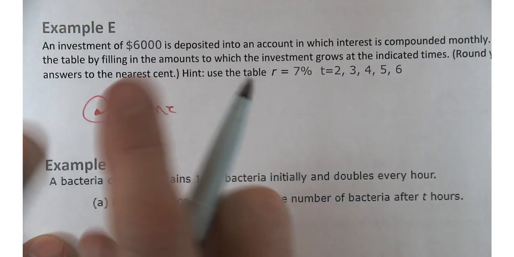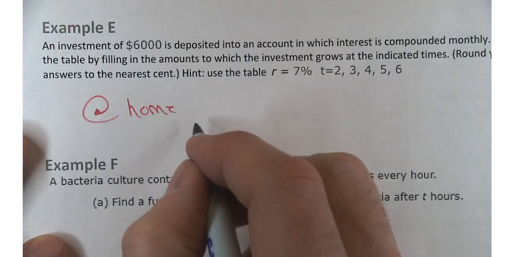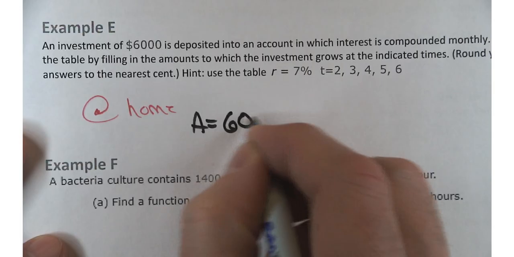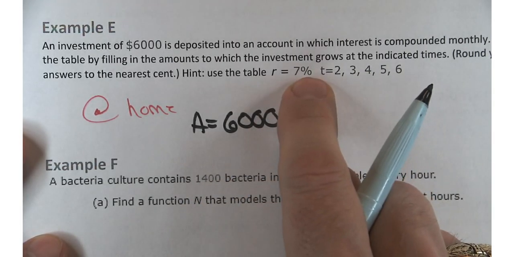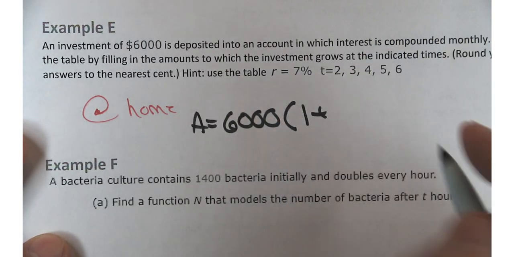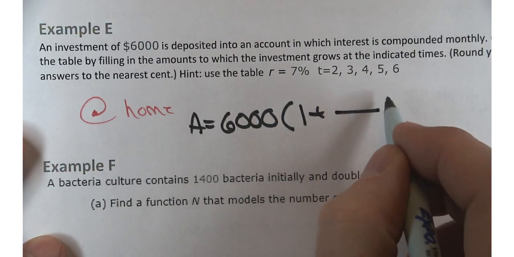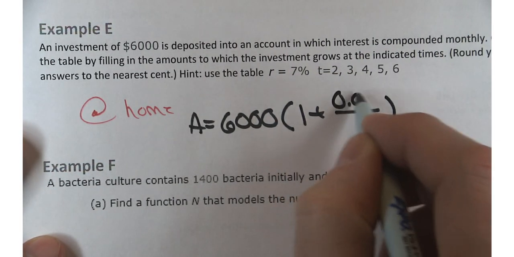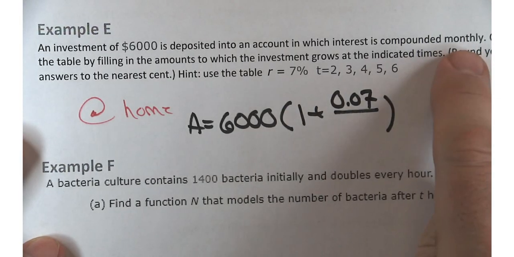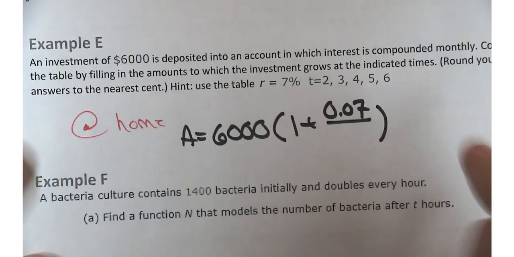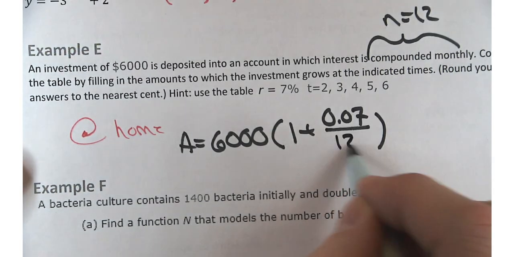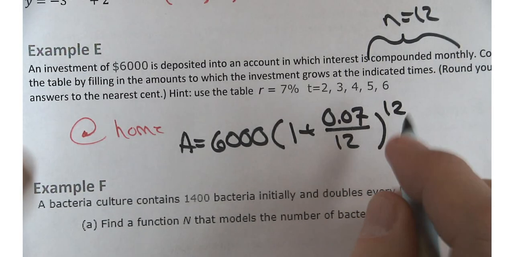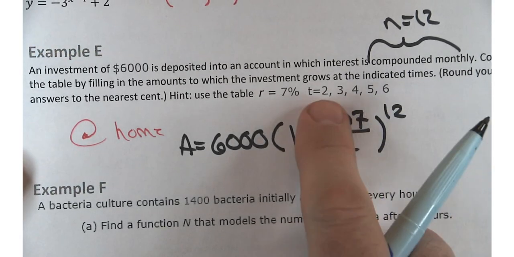Now our principal was 6,000, so it's going to be 6,000 times 1 plus our interest rate. What should I put in for r? 0.07 divided by n, compounded monthly, n equals 12, raised to the 12 times t, but instead of a t, use an x.